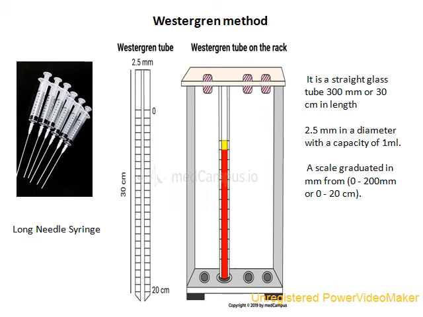The internal diameter is about 2.5 millimeters and it has a capacity of 1 ml, with the scale graduated from 0 to 200 millimeters or 0 to 20 centimeters. When we load the blood, we place our Westergren tube in this Westergren rack, and then we allow it to settle for 1 hour.